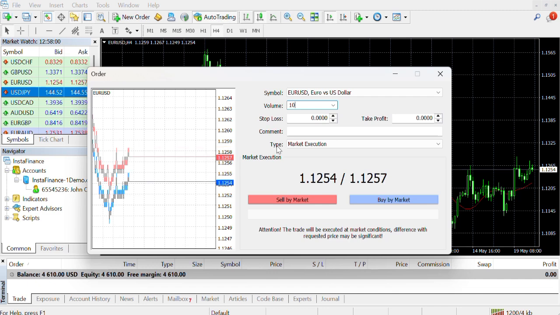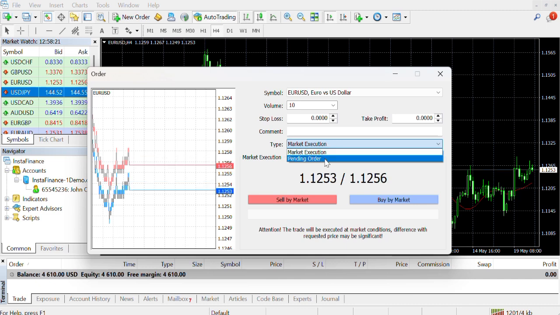Then the next one is the type of execution you want to do. Usually there are only two options, the market execution and the pending order. Now the market execution is an instant execution. So the price you are seeing here, if you open the trade, that's what it's going to be.